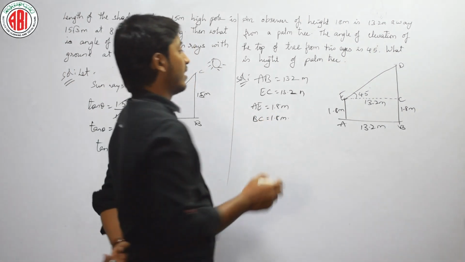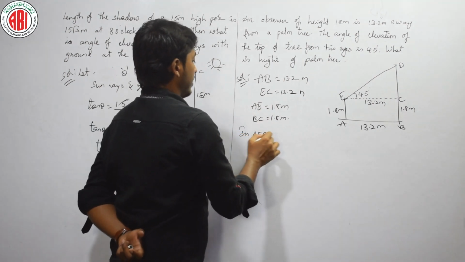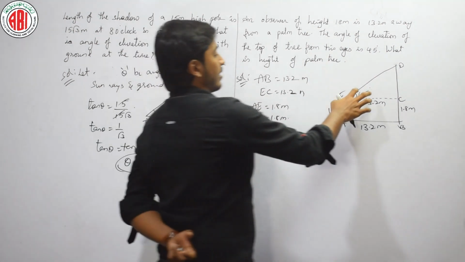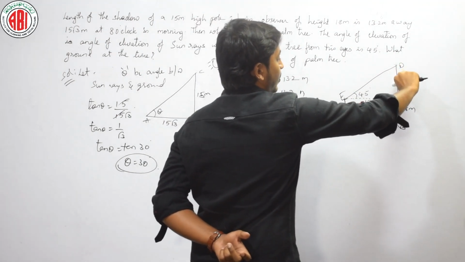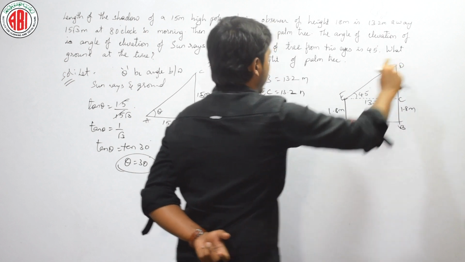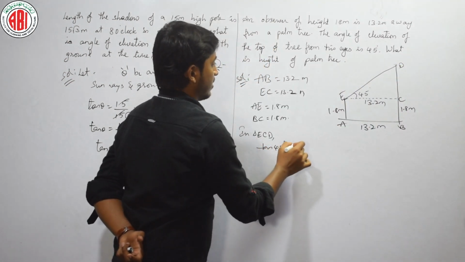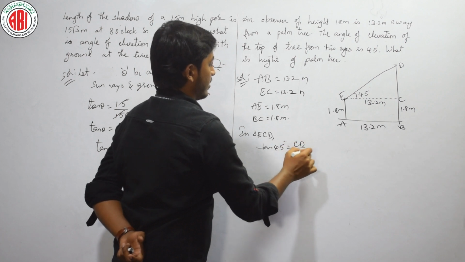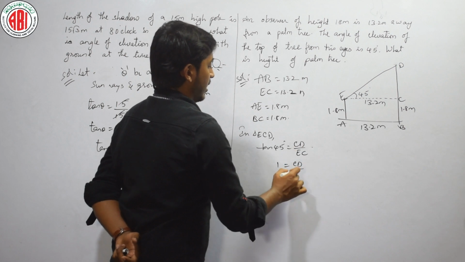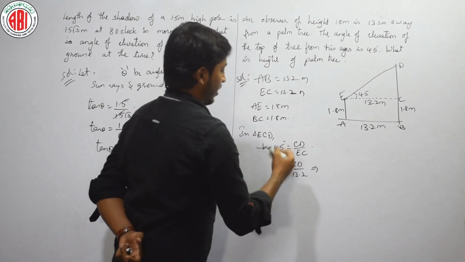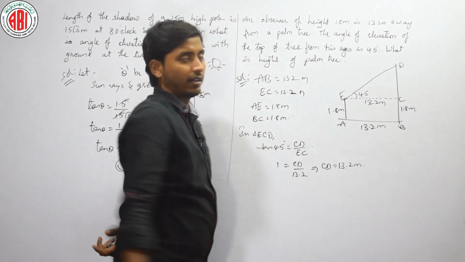From the triangle ECD, this is 45 and we have to find this part. The total height is this, and then the part which we have to find. Therefore, from ECD, tan 45 is equal to CD by EC. Tan 45 is 1, CD we have to find, EC is 13.2. If I cross multiply, I will get CD as 13.2 meter, right?